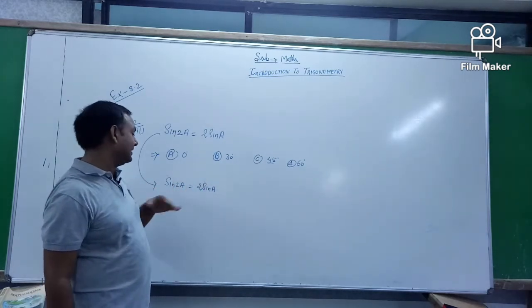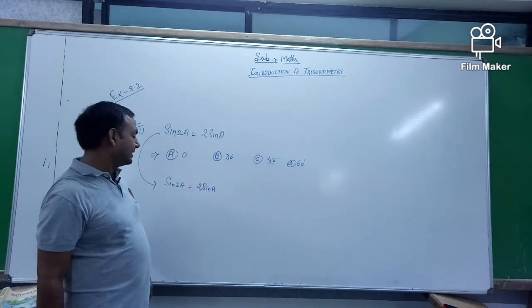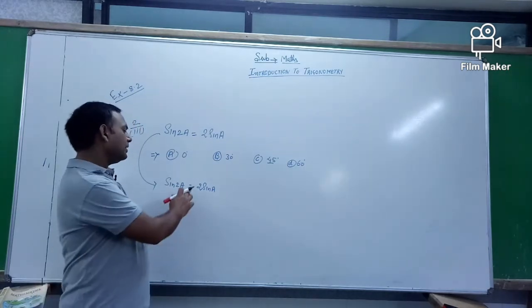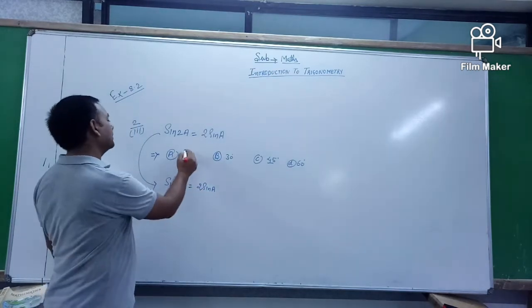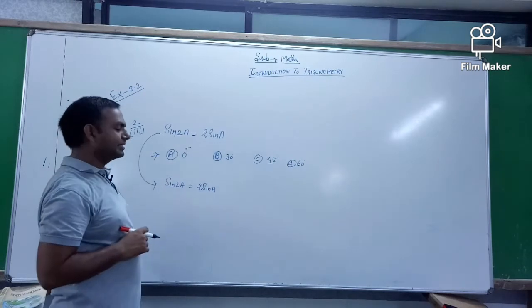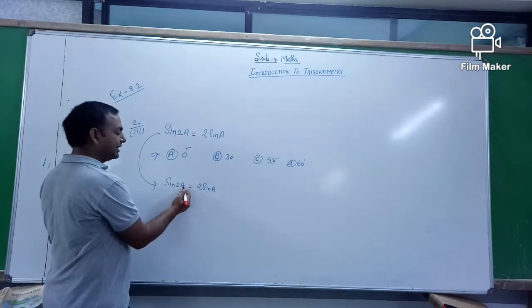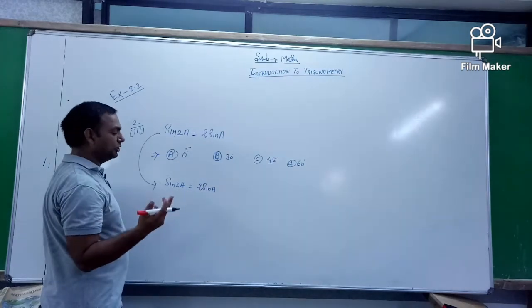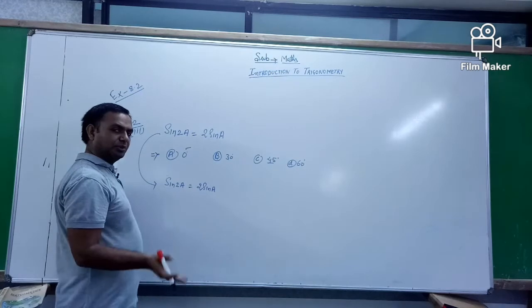If you put 60 degrees, then 120 degrees, that is not equal to 2 sine A. It follows the condition only when the angle is 0 degrees, because sine of 2 times 0 is 0, and A is also 0, so sine 0 is equal to 0.